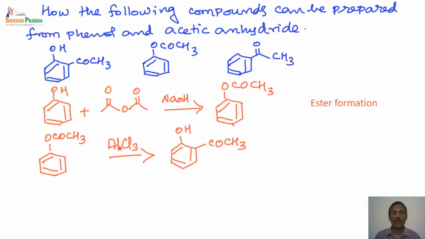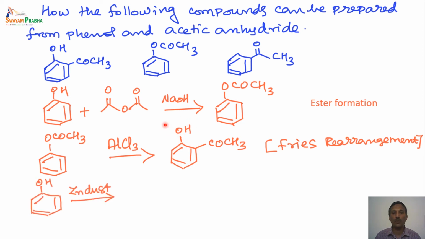This ester on treatment with AlCl3 undergoes Fries rearrangement to give the corresponding hydroxy ketone or the phenolic ketone. So this first compound can be prepared from the second compound very effectively. And now we have to remove the phenolic group. The OH group has to be removed. So what is the best method or best way to remove it?